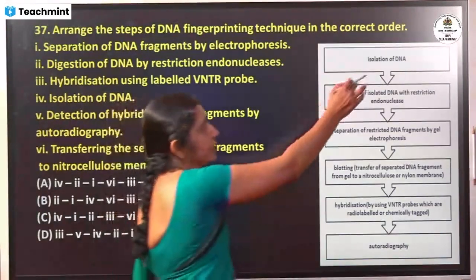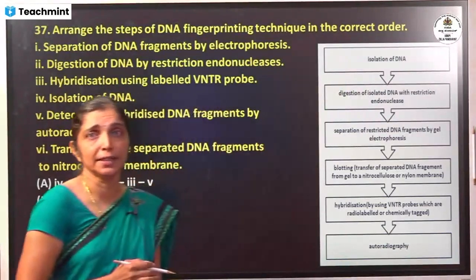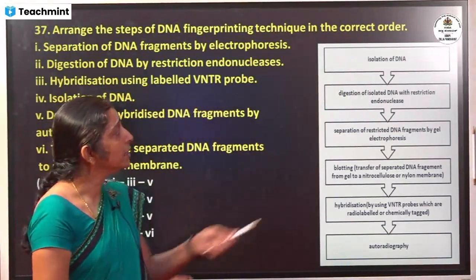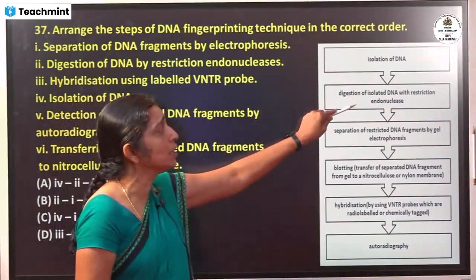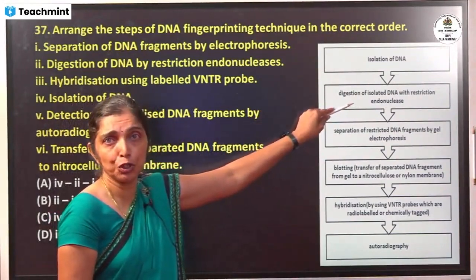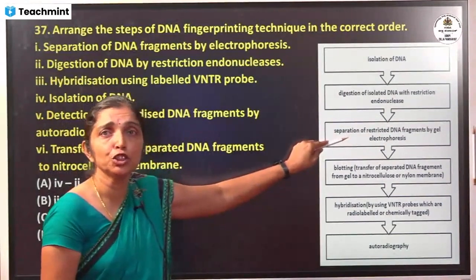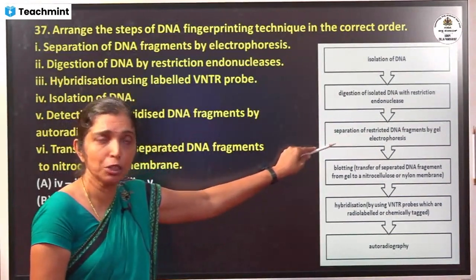We have the isolation of DNA taking place first. This is followed by the digestion of isolated DNA with restriction endonucleases, followed by the separation of restricted DNA fragments by gel electrophoresis.